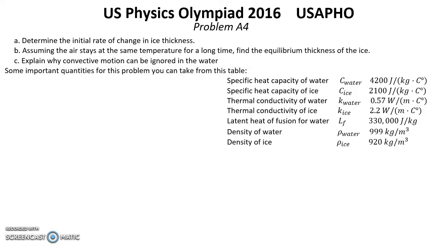Because the ice is very thin and the water is very thick, the power going from this border to the upper border of the ice is much greater than the heat going from the ground to the border between ice and water. And this power difference will convert water to ice.